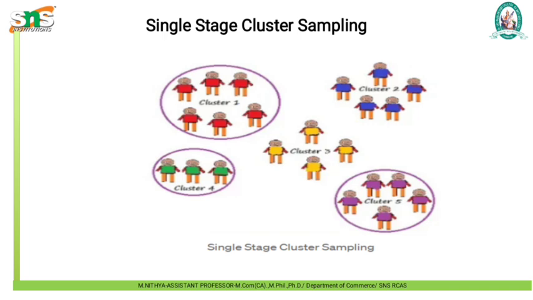For example, an organization intended to analyze the performance of smartphones across the country. They can divide the entire country's population into city clusters and select the cities with the highest population, and also filter those who use mobile phones. This is called multi-stage cluster sampling.